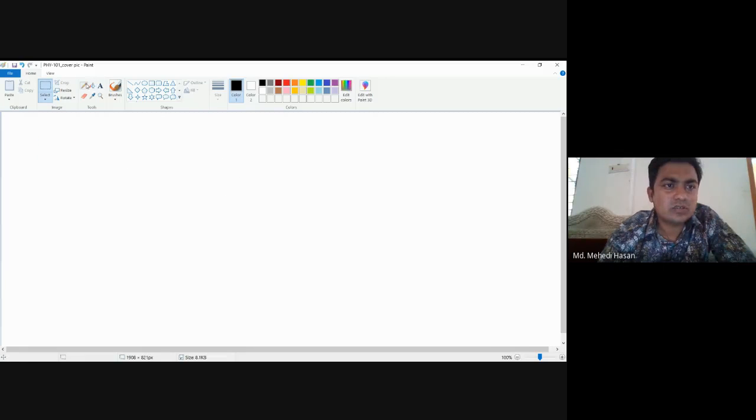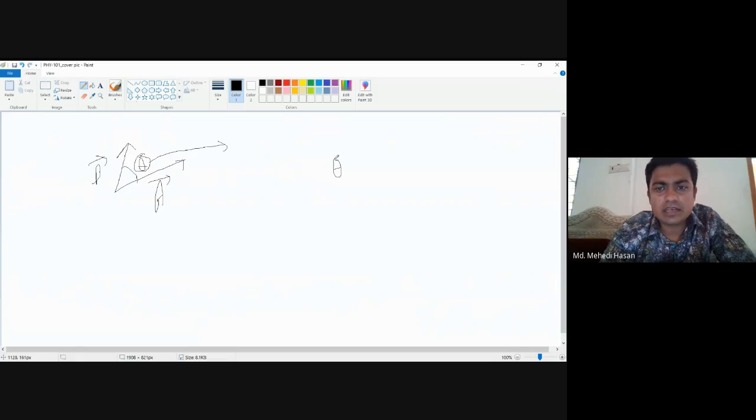Next, let's find out the component of a vector along the direction of another vector. Before going to this part, let's see the angle between two vectors. If we consider two vectors A and B, this theta is the angle between vector A and B, not the angle described in the previous case, which was tan inverse y by x.